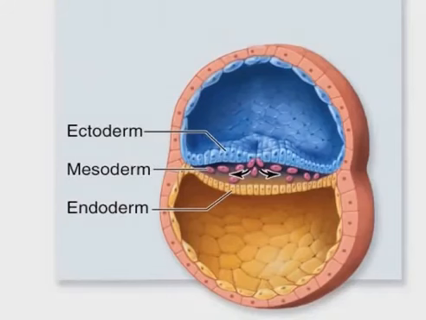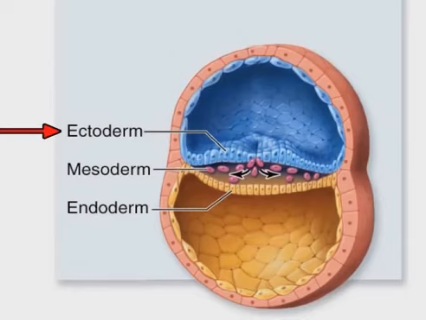During the embryonic period, the inner mass of the new organism differentiates into 3 layers. The outermost layer is called the ectoderm, from which develop the skin, hair, nails, and so on.